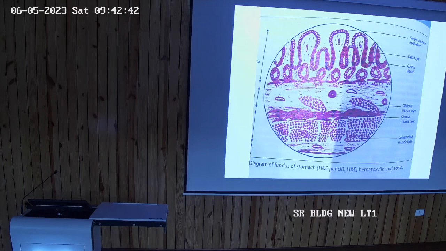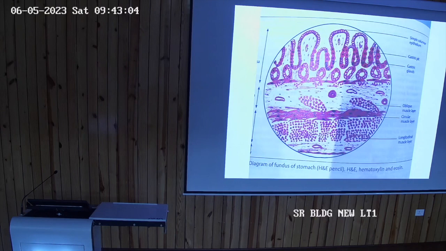Some cells are acidophilic or red color. Between the red color cells, some cells are basophilic, blue color. The blue color or basophilic cells are called chief cells. And the red color cells are called parietal cells.